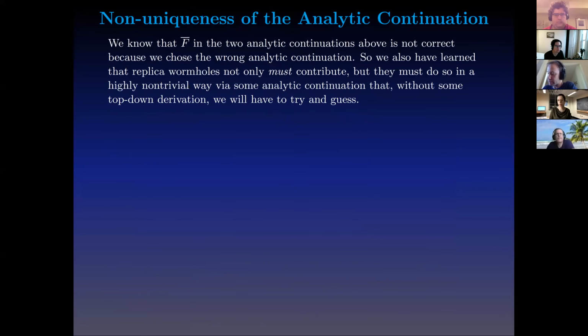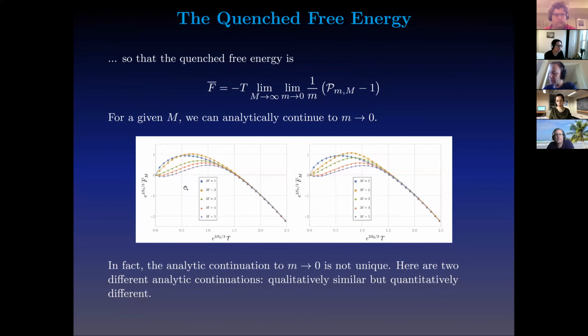Now, we know that in both of these, we get this non-monotonicity. Again, it's not impossible that when we take capital M to infinity, the naive analytic continuation that we did the first time might actually work out. But it's not obvious that it does. It's not clear that this is going to resolve this non-monotonicity.